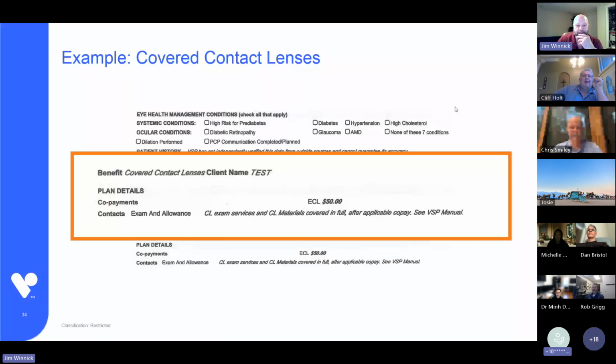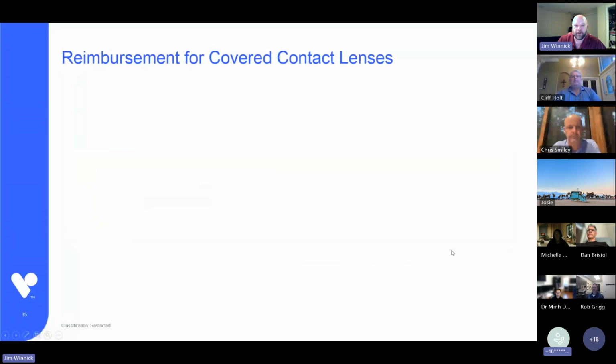This is what it looks like. It's going to say covered contact lenses, and the copay will be indicated on here of what they will owe to implement that plan. $50 copay is the most common one that I've seen. So keys for us.